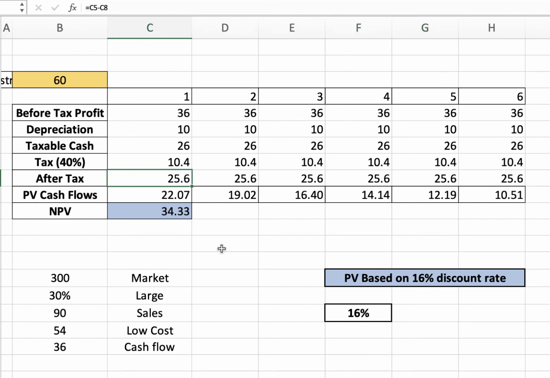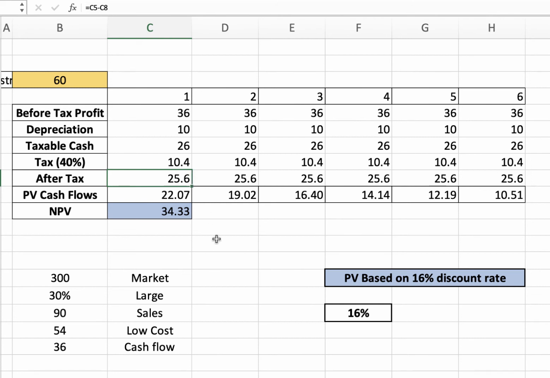But remember, KeyWest uses that 16% discount rate for financial planning. And this is going to help us determine the time value of money. Remember, futures have to be discounted to make it a present value. So we have a future here. The expectation at the end of year 1 is 25.6 million.